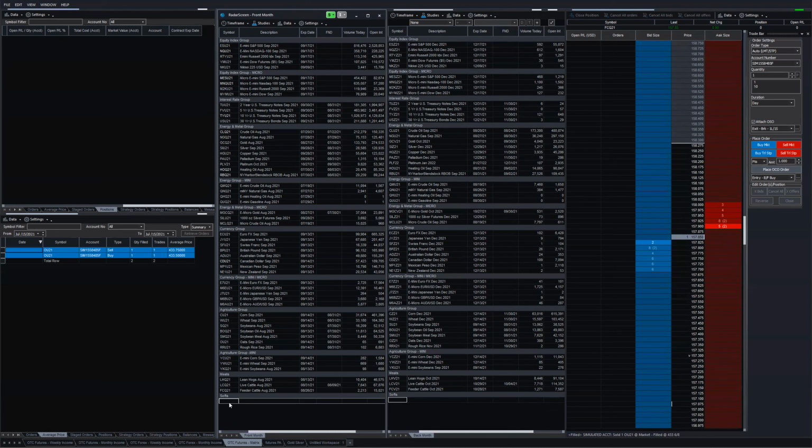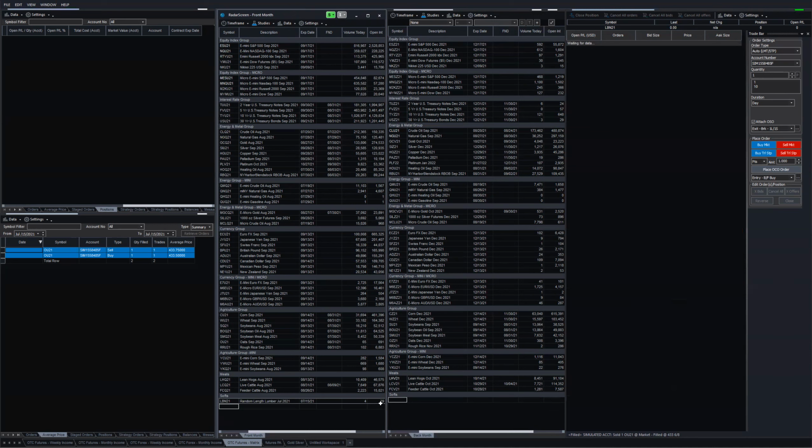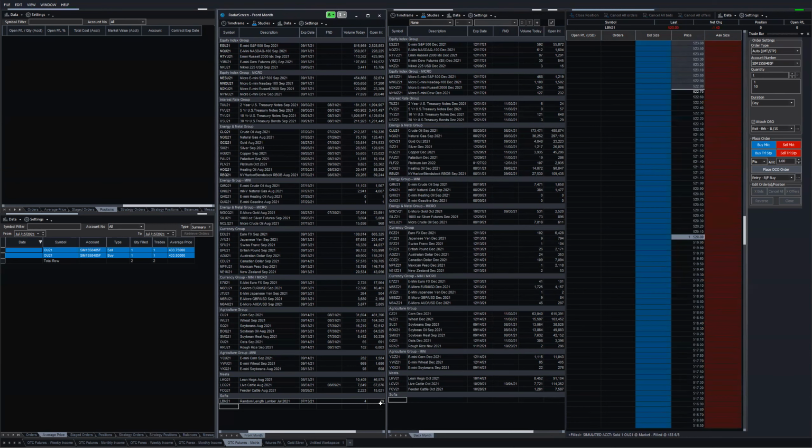So actually lumber expired today. You see, wait, I'll show you. LBN21. It's funny, the name, random length lumber. So you would buy random length of lumber, right? Short, long, who cares? It's random length.